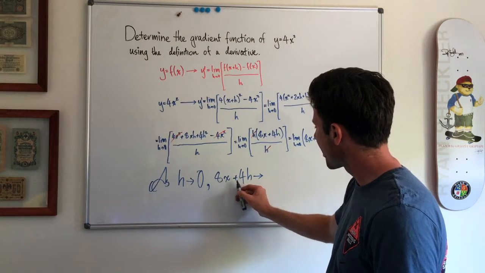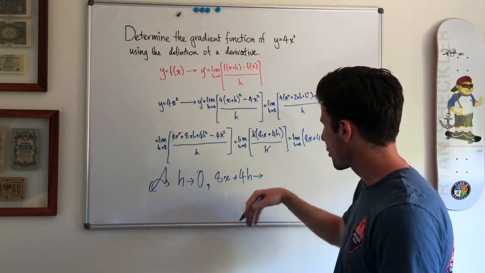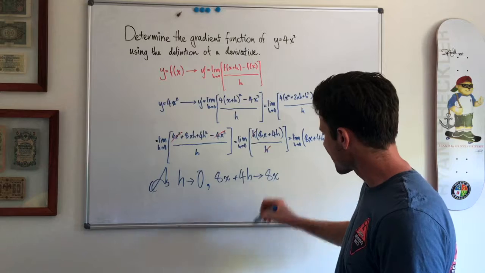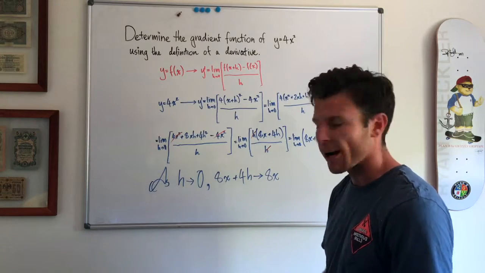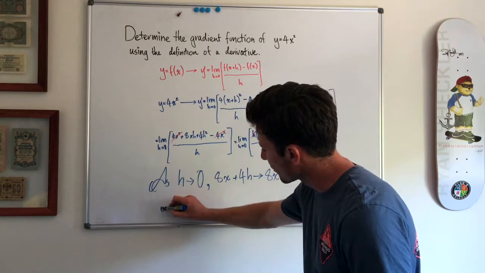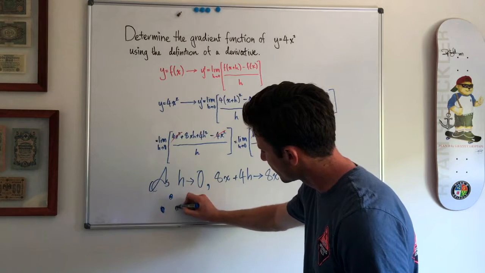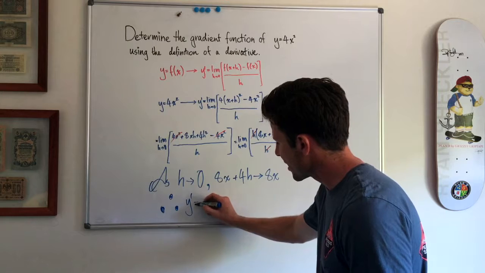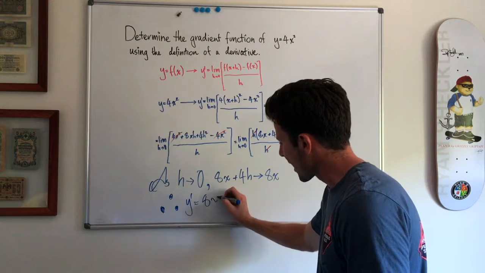So 8x plus 4h will be equivalent to 8x plus 0, or just 8x. Finally, we can then say, therefore, the derivative, y dash, is equal to 8x.